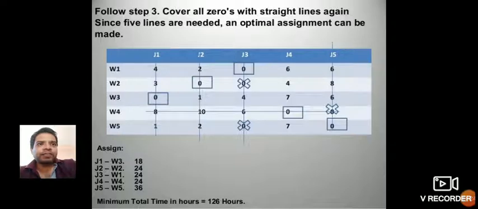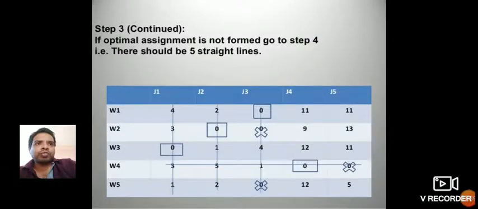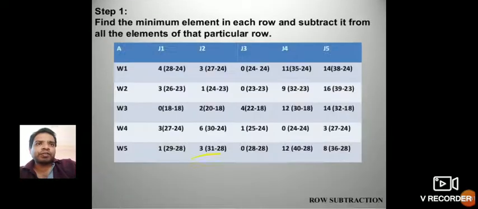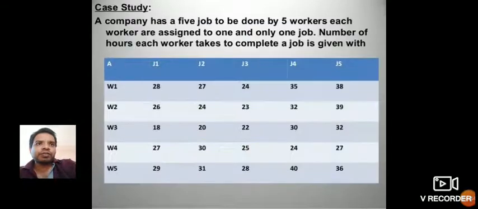and the order of the matrix is also 5, so your final solution is J1 to W3, that is 18. Go to the original matrix which is given in the first problem.